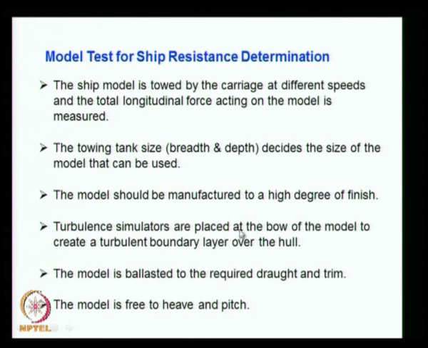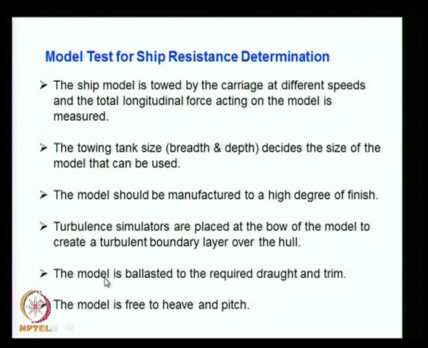So the forward 5% of the length will still remain as laminar flow, and the part behind becomes turbulent when it crosses over the tripwire. So that is what is done here. Turbulent simulators are placed at the bow of the model to create a turbulent boundary layer over the hull.